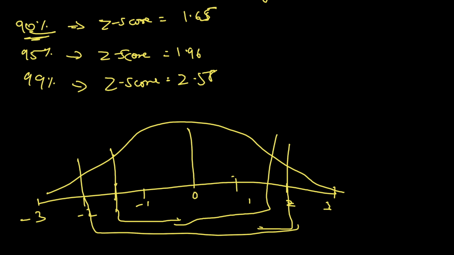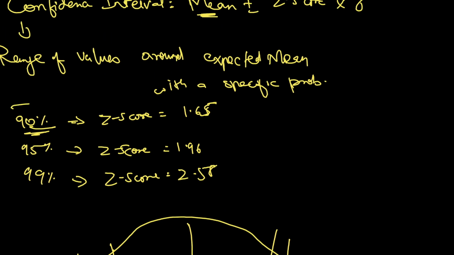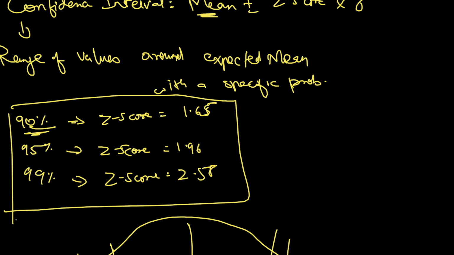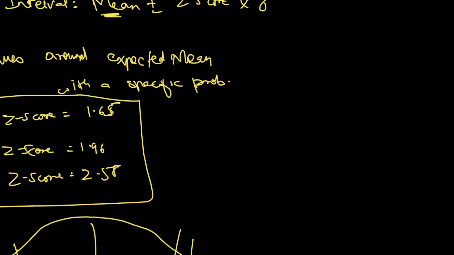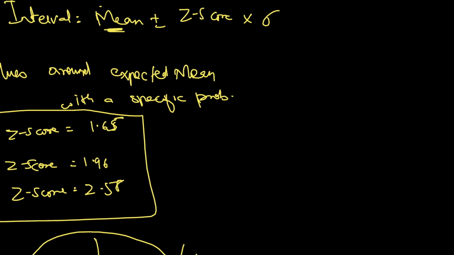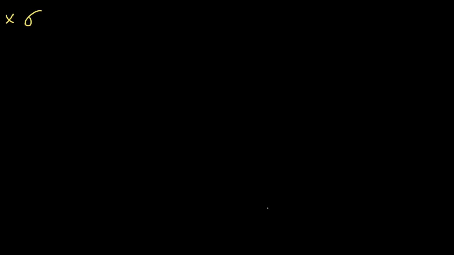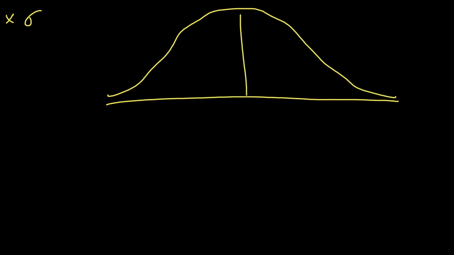This is also something you must remember. Now with this information and this formula, let me quickly do one sum. Let's say the mean return is 10.5 percentage and standard deviation is 18 percentage.